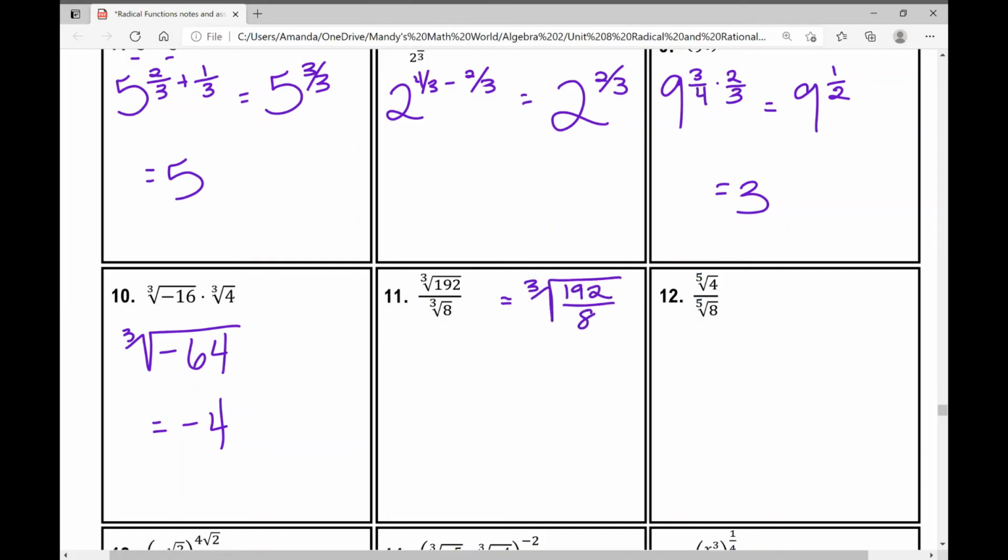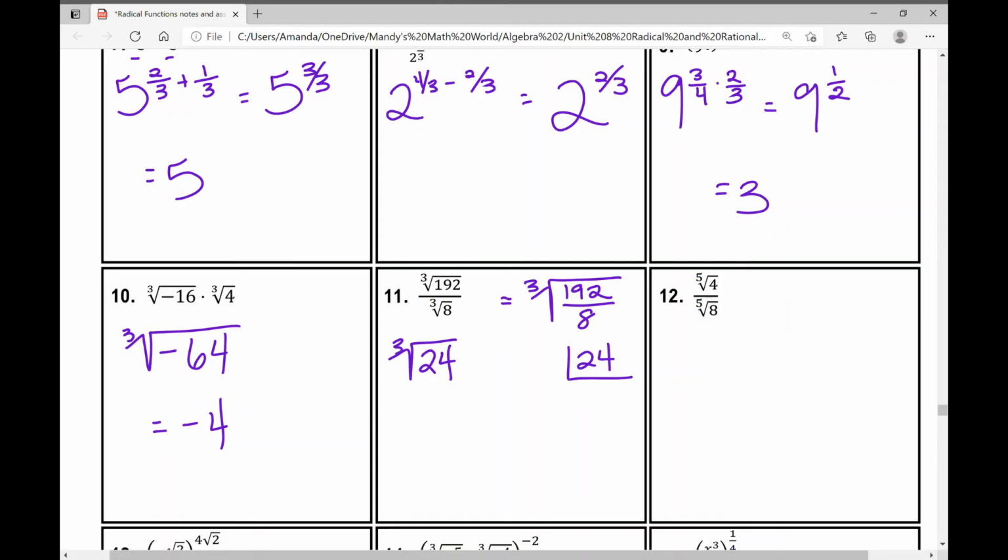Can I rewrite it like that? I sure can. So what is 192 divided by 8? It's 24. So now we're looking for the cube root of 24, and that's all I'm going to do, simplify the cube root of 24. Whenever I'm finding the cube root of 24, I'm going to find the prime factorization of 24.